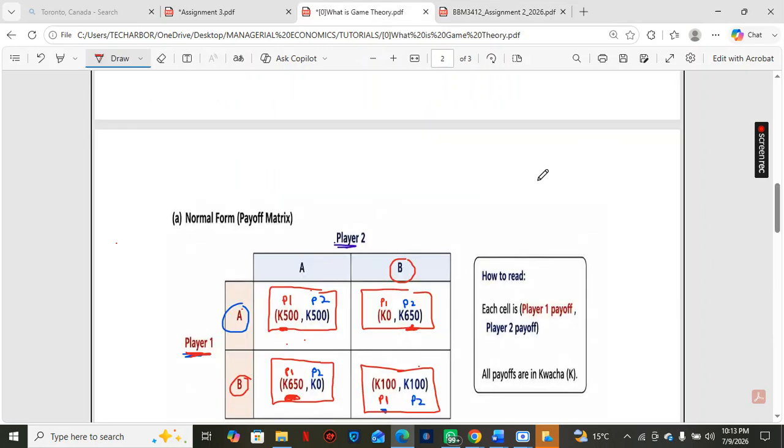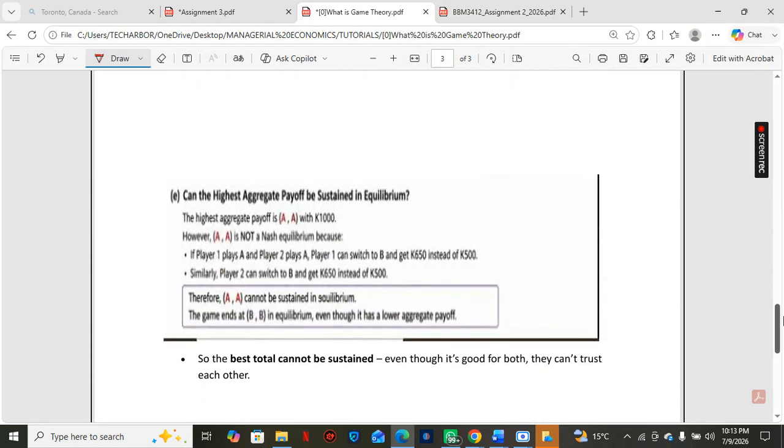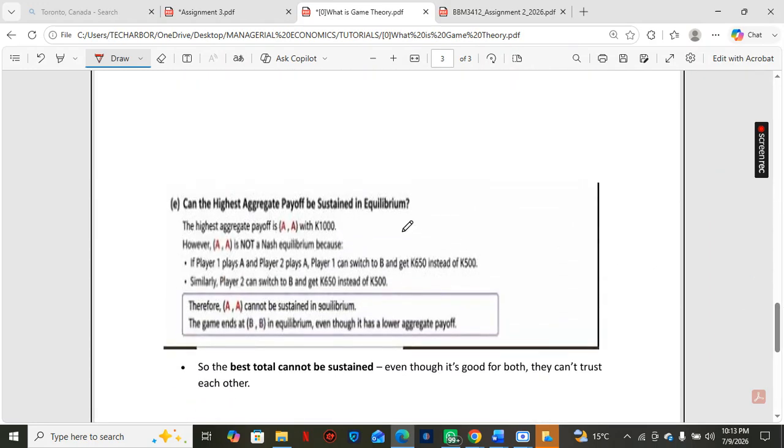Explain. Remember, the highest payoff is AA, which is 1000, but it's not the Nash equilibrium. The Nash equilibrium was 100, 100, which was B.